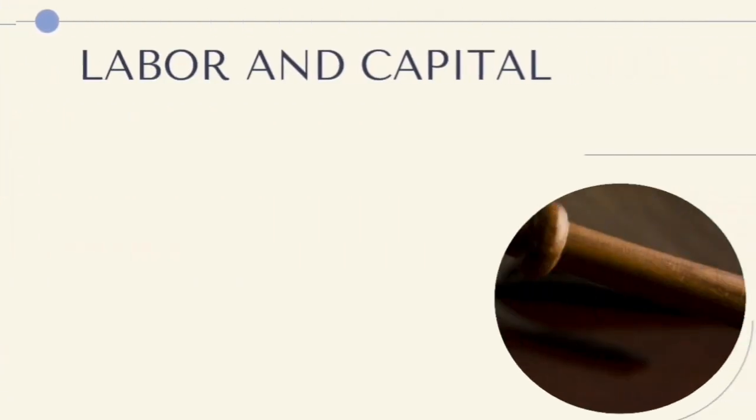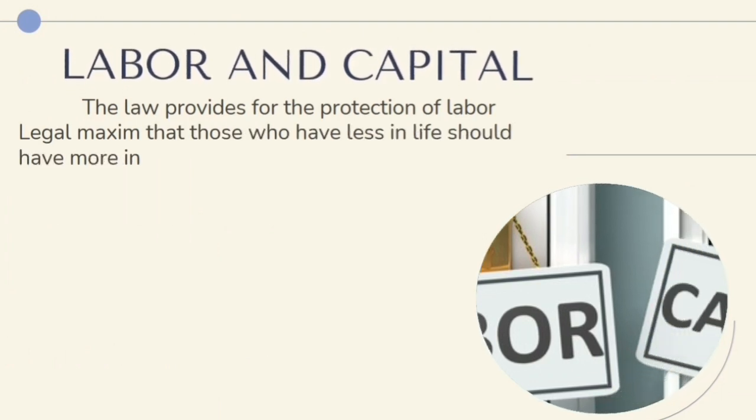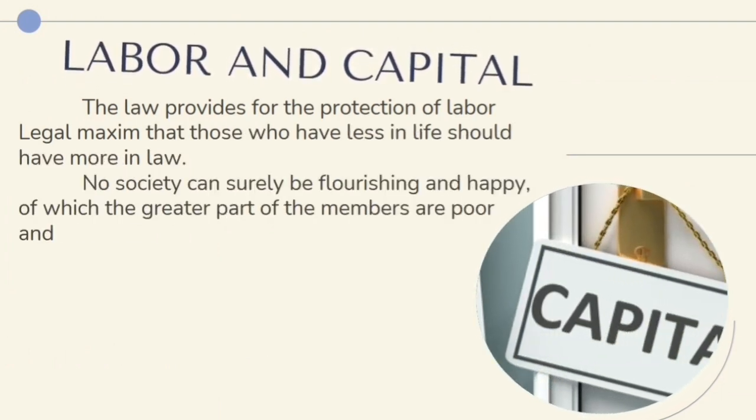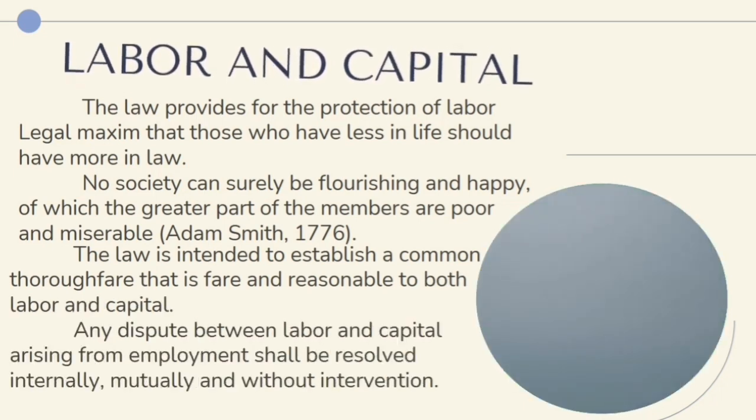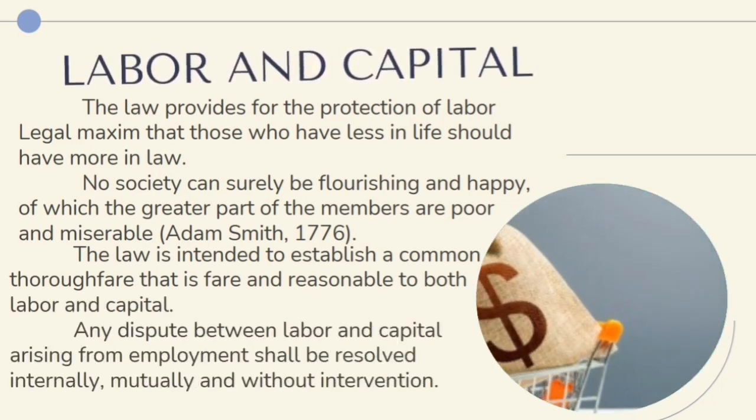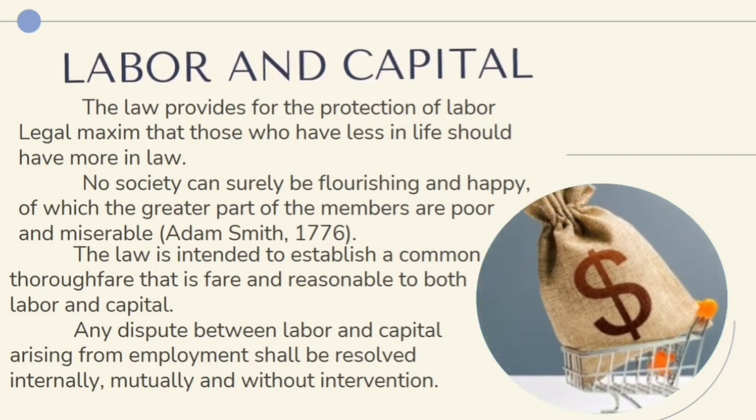As far as labor and capital, the law provides for the protection of labor as the legal maxim that just goes like this: those who have less in life should have more in law.